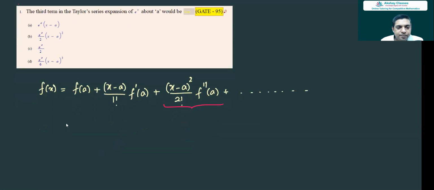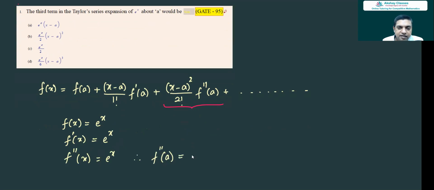So f of x is e power x. So the first derivative is e power x itself. The second derivative is also e power x. Therefore, the second derivative at a is e power a.